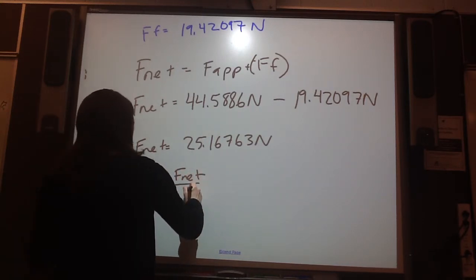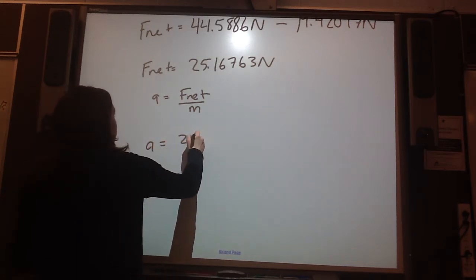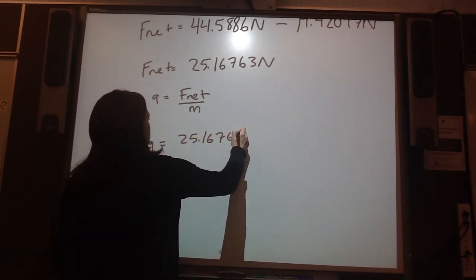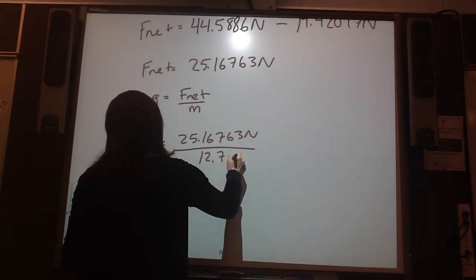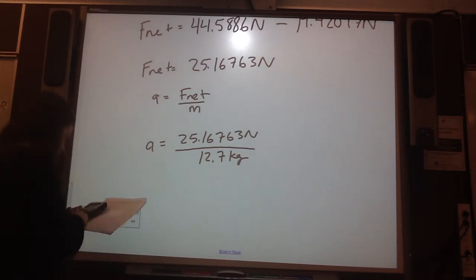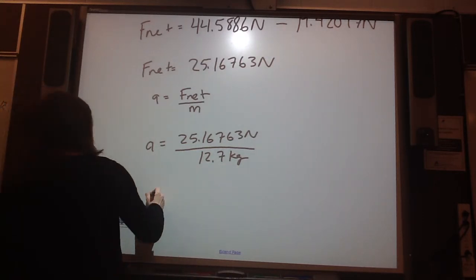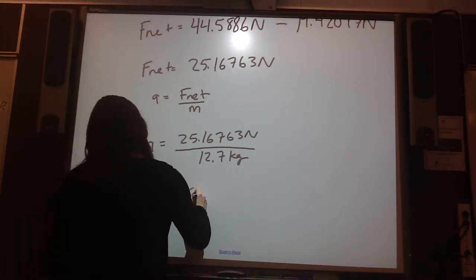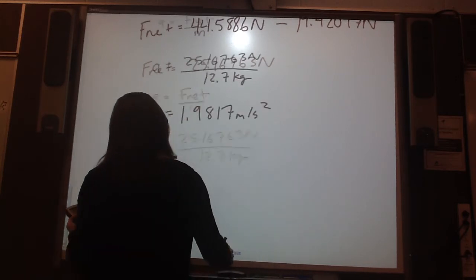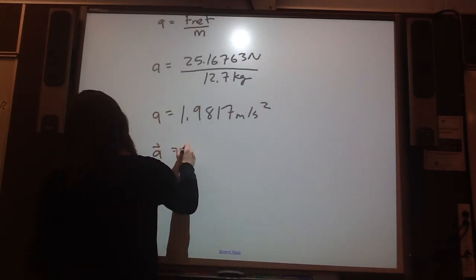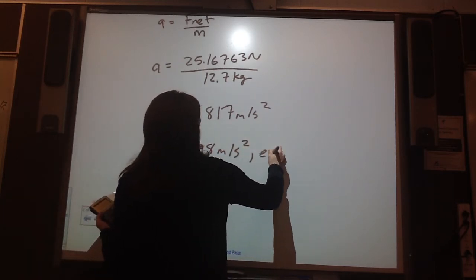Our actual question was A is equal to F net over m. So A is equal to 25.16763 newtons divided by 12.7 kilograms. So A is equal to 1.9817 meters per second squared. With sig digs and direction, it is 1.98 meters per second squared.